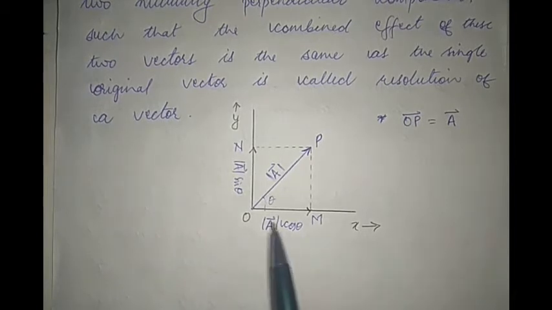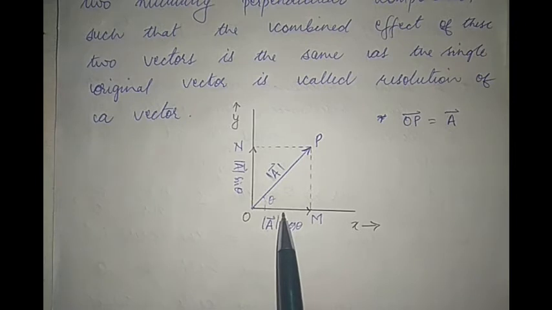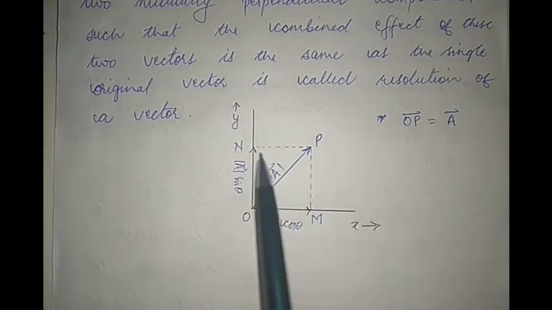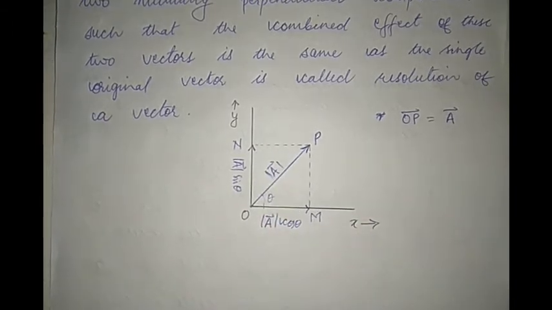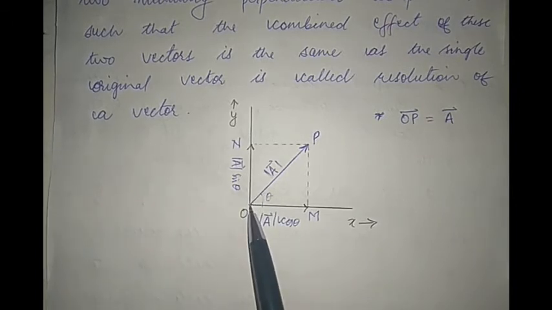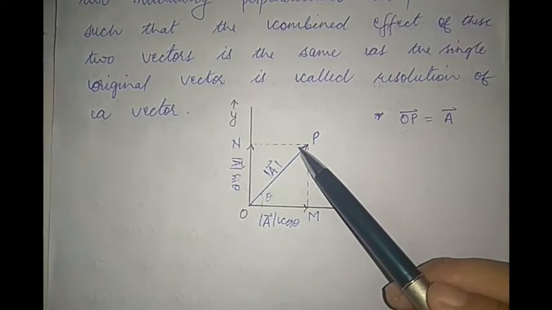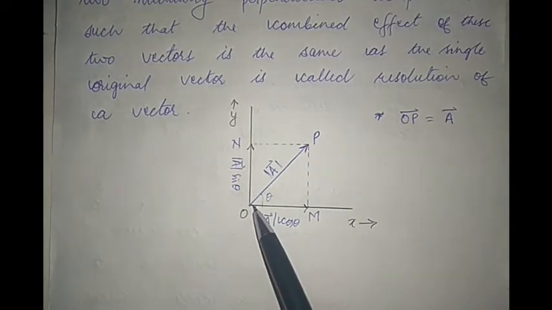To understand that, look at vectors OM and ON. These two vectors form two adjacent sides of a parallelogram and they start from the same point. So we complete the parallelogram. Since these two vectors form two adjacent sides of a parallelogram starting from the same point, the parallelogram rule of vector addition tells us that the diagonal of the parallelogram starting from the same point gives us the resultant.